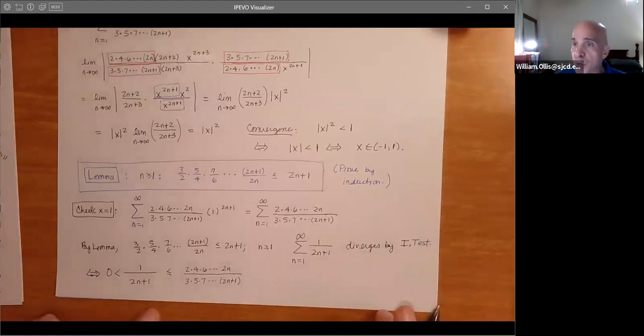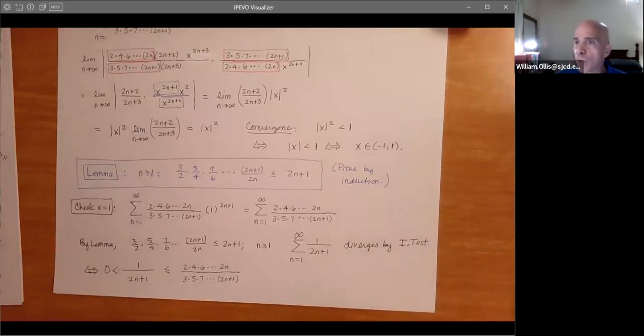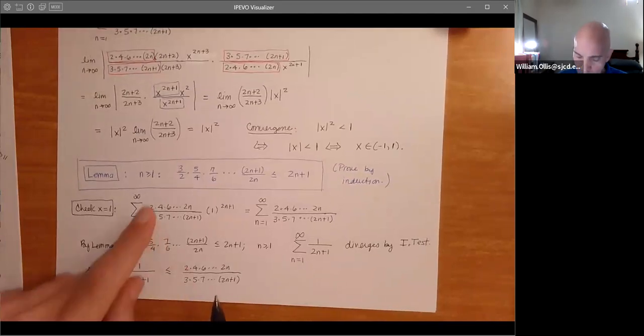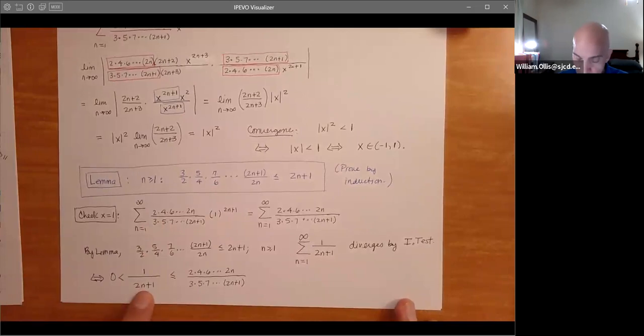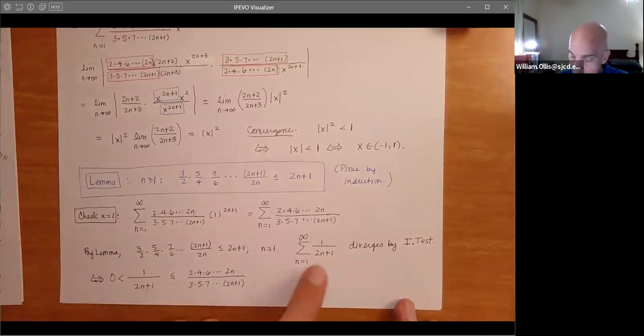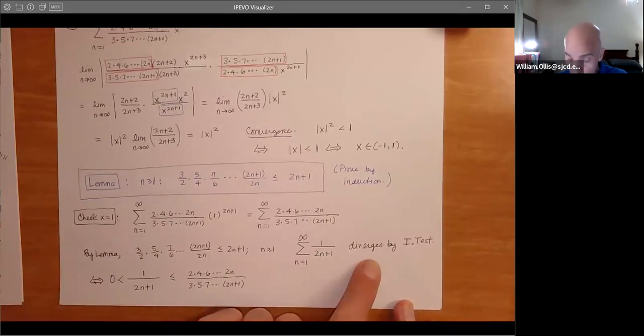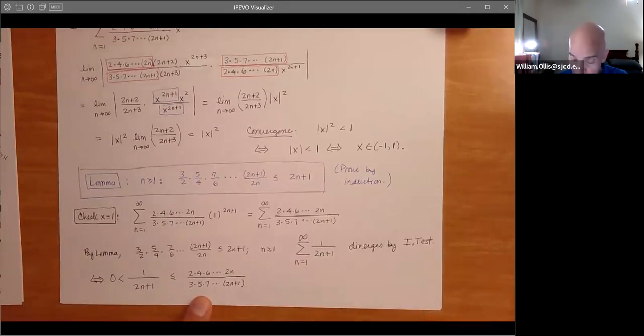And so the key here is that we're making a comparison, and the comparison is what allows us to make a conclusion about this. Now, of course, this positive term series creates a divergent real series by the integral test, and therefore by the comparison test, this series must also diverge.